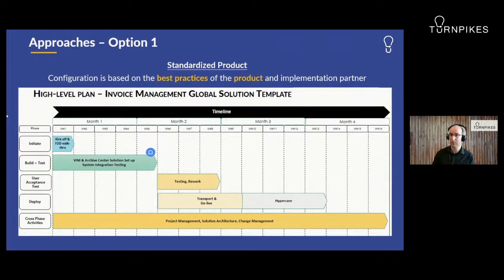And since we are talking primarily about the standard product, cost is relatively low for the developments, and of course we are very much in line with the SAP standard.